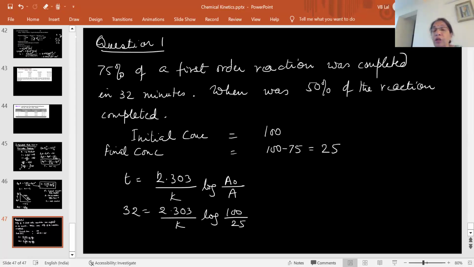Okay, these log values will be given in the paper. So log 4 is equal to 0.6020.